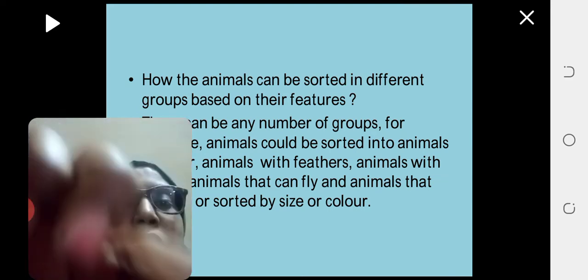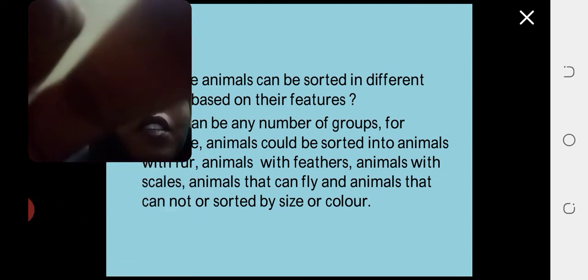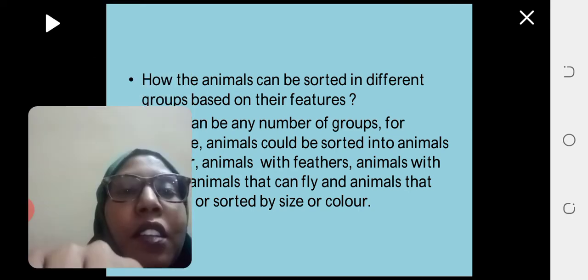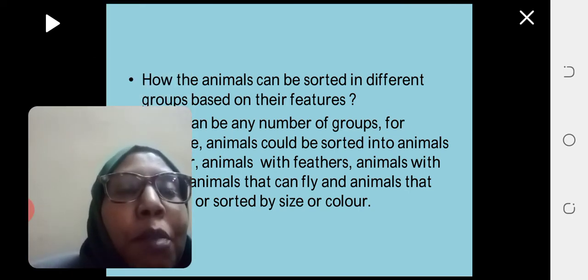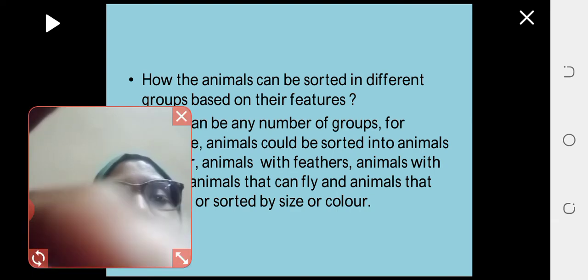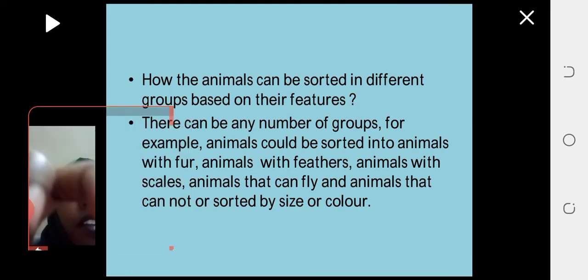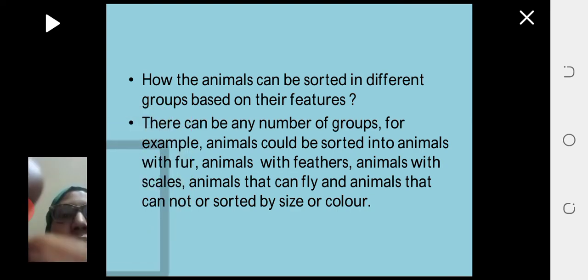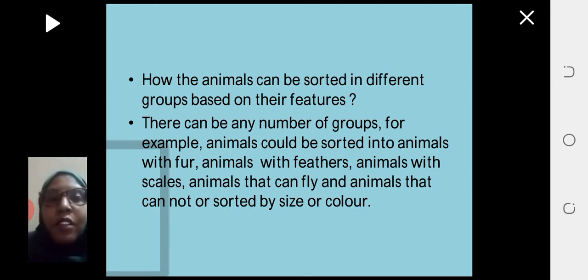The question here: how can the animals be sorted in different groups based on their features? They can be any number of groups.